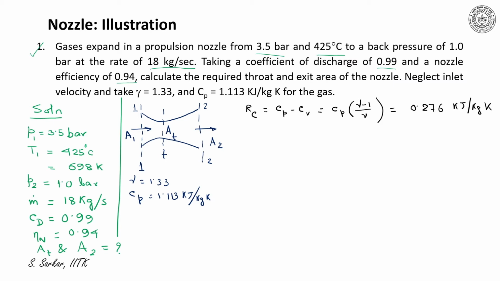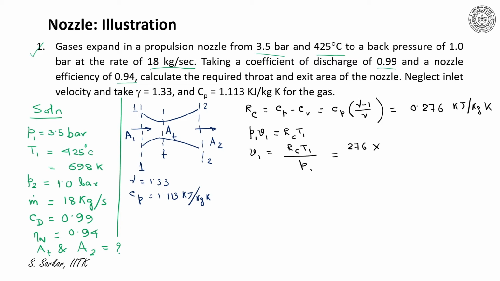Okay. Now I can use the gas equation, that is P1 V1 is equal to R into T1. From here I can calculate V1, specific volume at inlet, which is R T1 by P1. I have calculated R as 276.